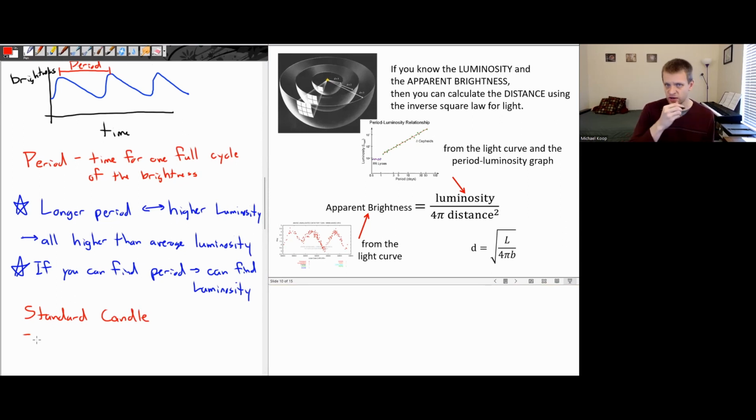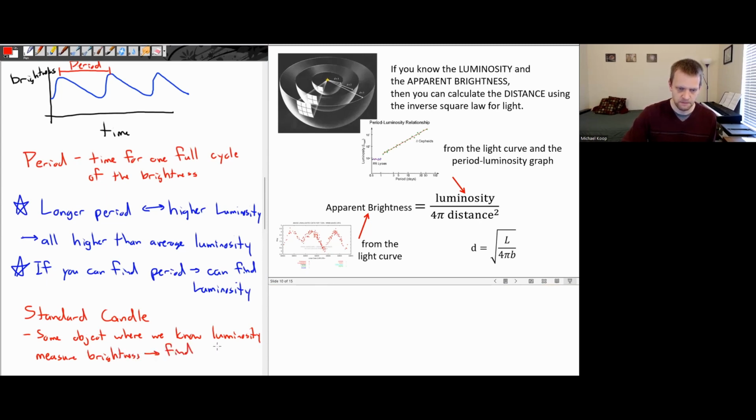A standard candle: if there's some kind of object where we know its luminosity, and I measure the brightness, I can find the distance. And that distance is the square root of the luminosity over 4 pi times the brightness.